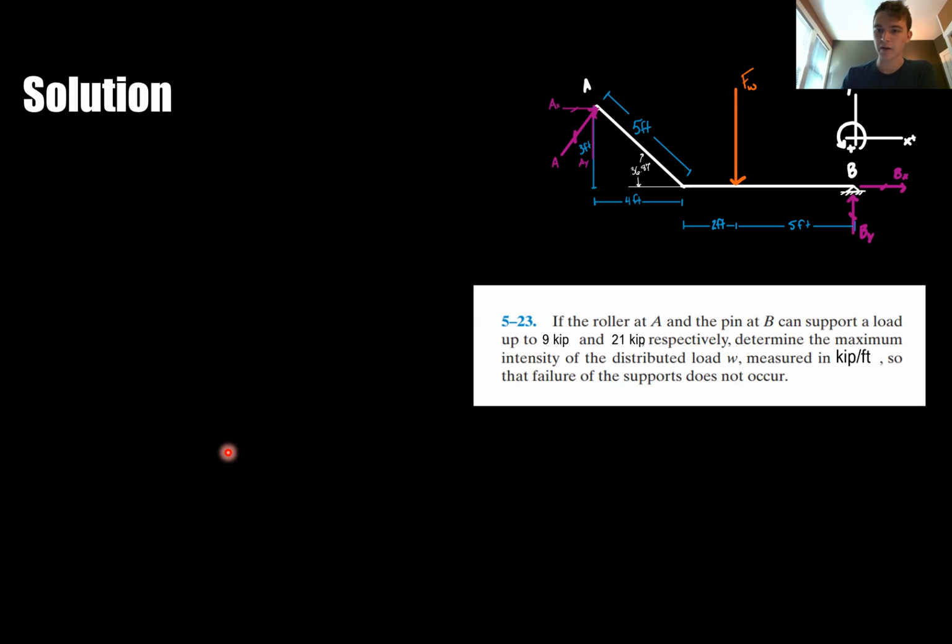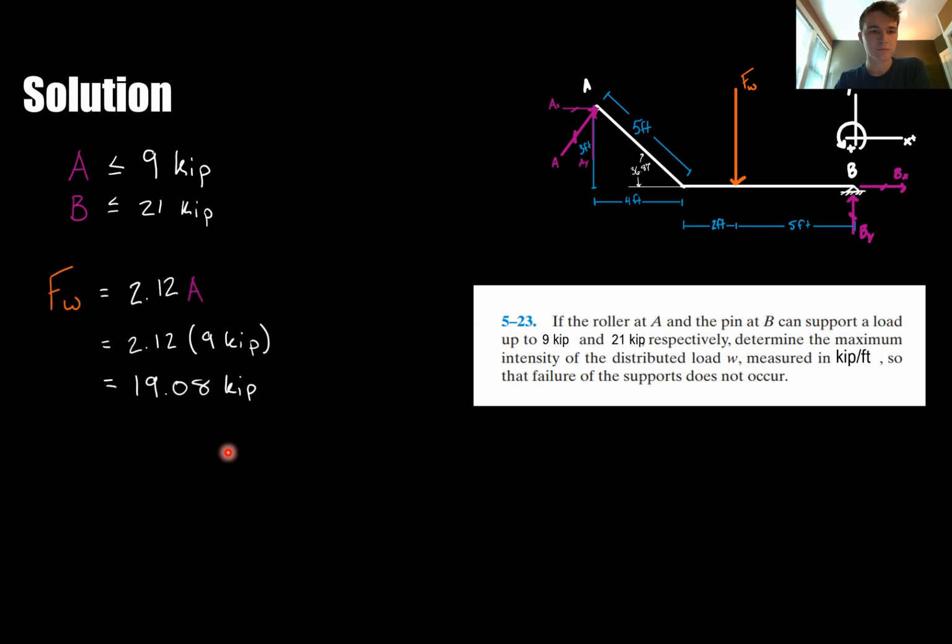Okay, so we go back to our question here. We see that A can only possibly support 9 kips, and B can only possibly support 21 kips. It can be less than, it just cannot be greater than. And we know that FW is equal to 2.12A. So if A was at its maximum, it would be 9 kips, and we find that FW would be the maximum 19.08 kips.